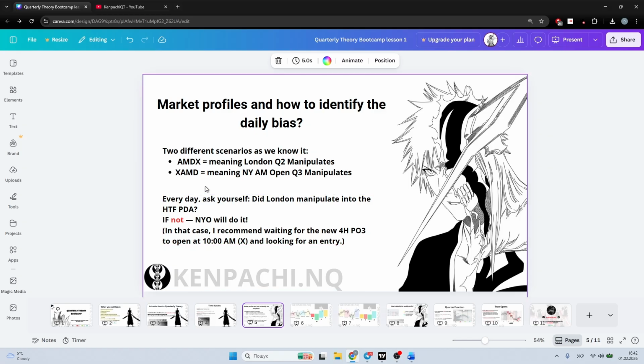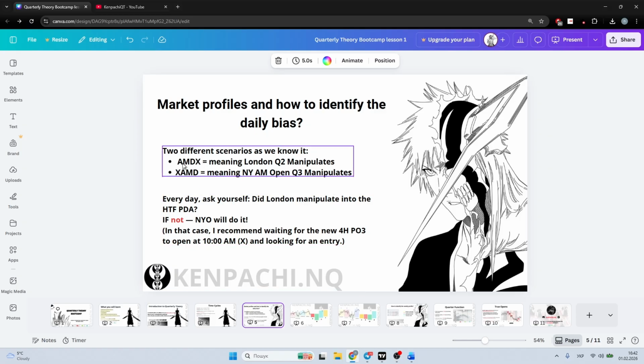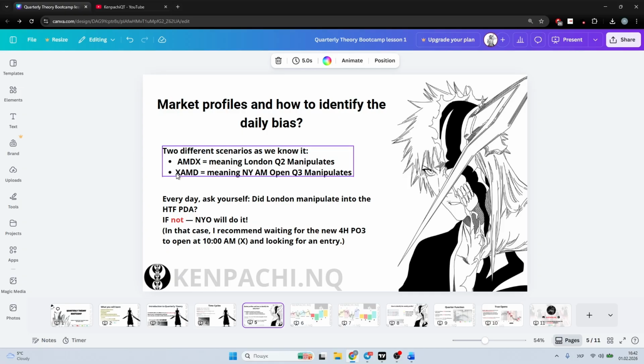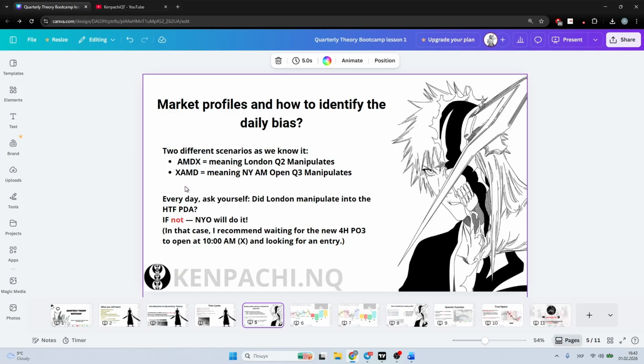Once we know that AMDX is accumulation, manipulation, distribution, and X is expansion, but we call it continuation or reversal, sorry. And here you can see that the cycle or profile starts from the X, which is expansion or continuation or reversal, then accumulation, manipulation, distribution.